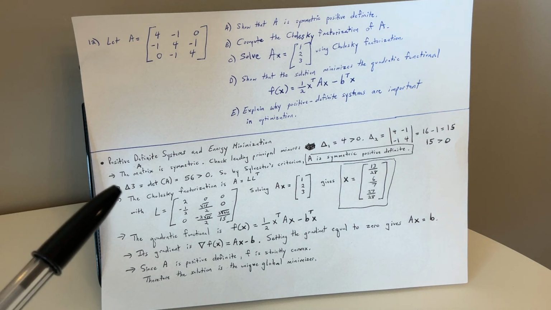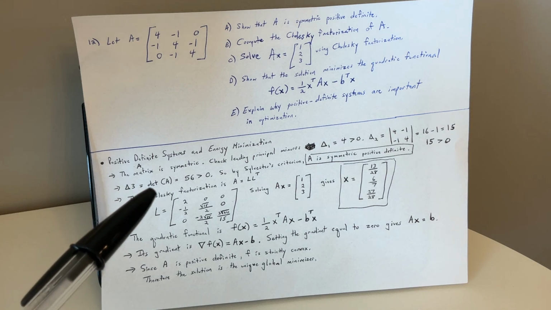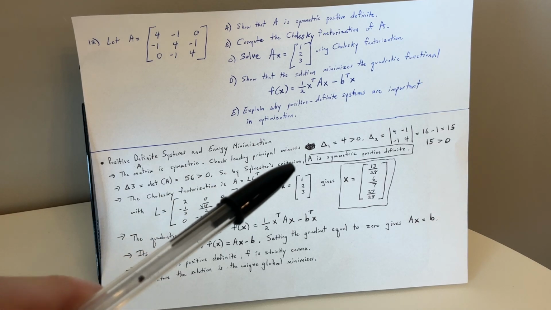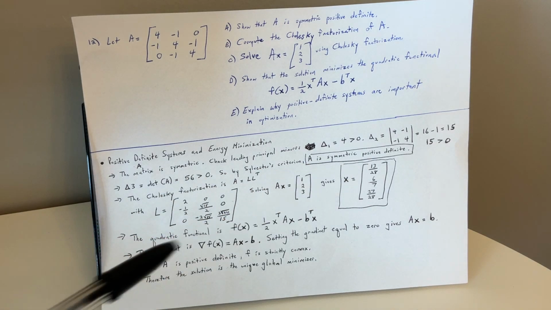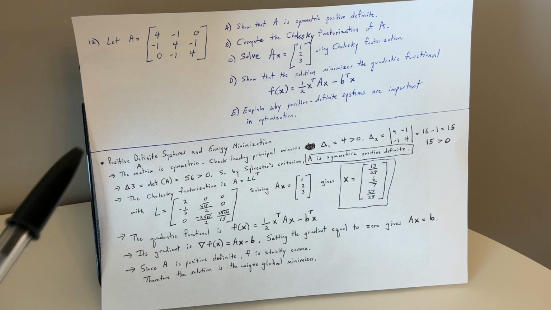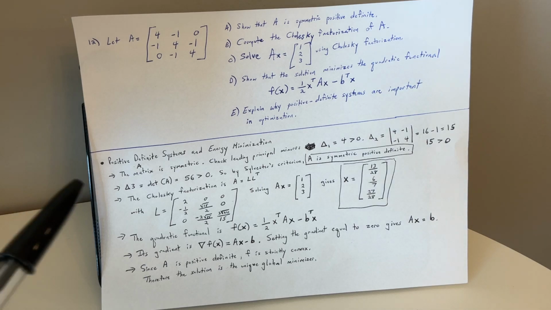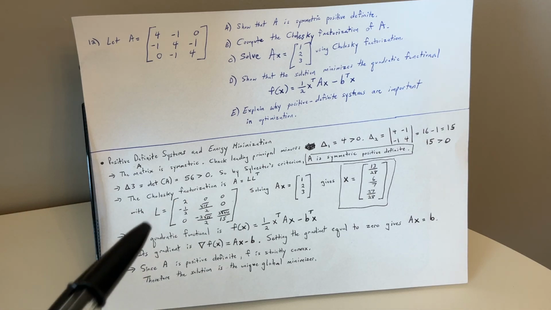So delta 3, the determinant of A, equals 56, which is greater than 0. So by Sylvester's criterion, A is symmetric positive definite. The Cholesky factorization is A equals L L transpose, with L equal to the following.